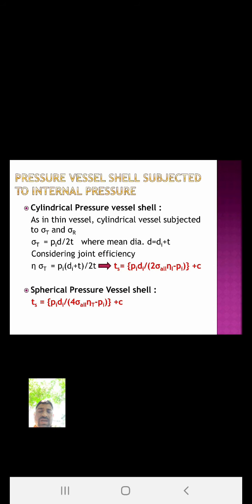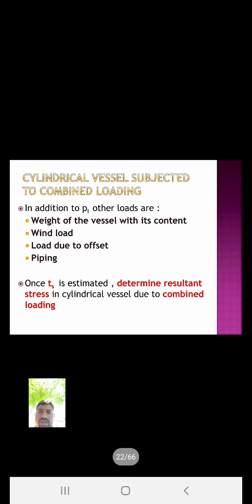Di is the inner diameter of the spherical vessel shell, given in mm. Don't confuse. And Nc is the efficiency of the joint, and C is the corrosion allowance.